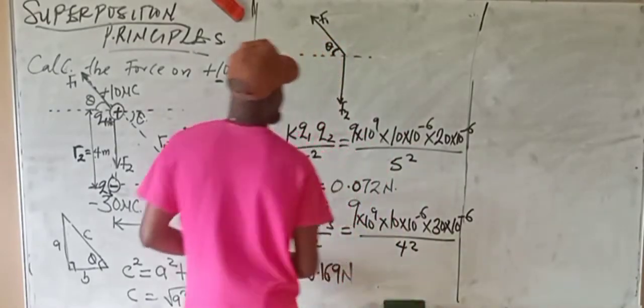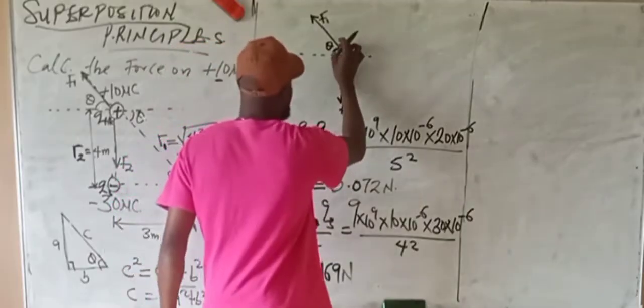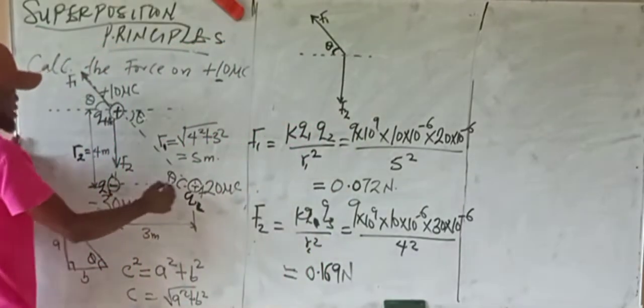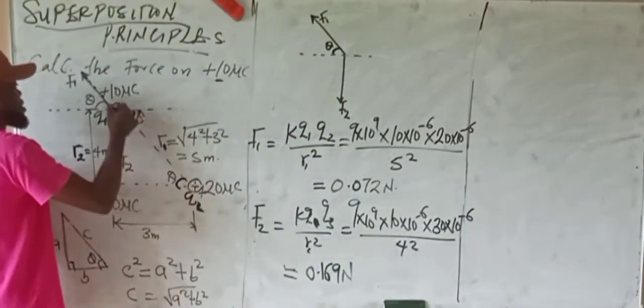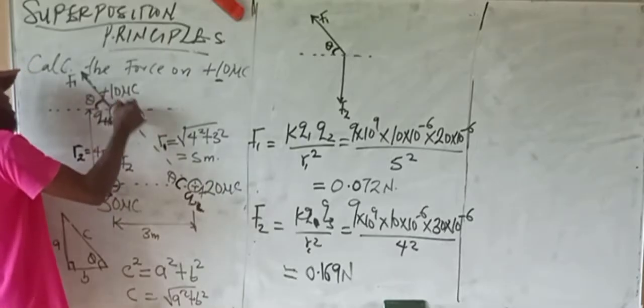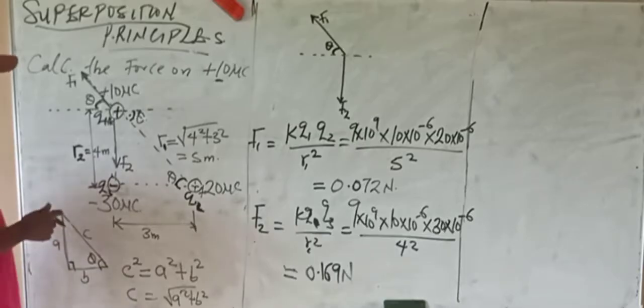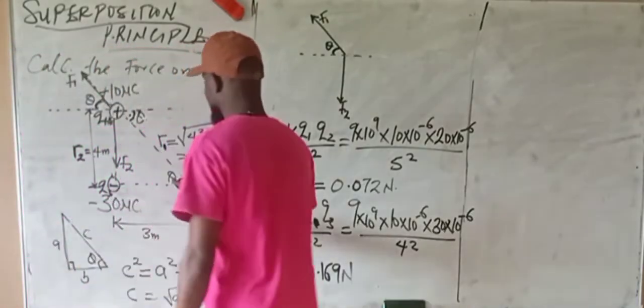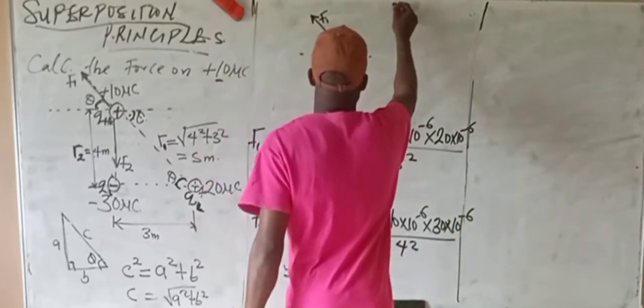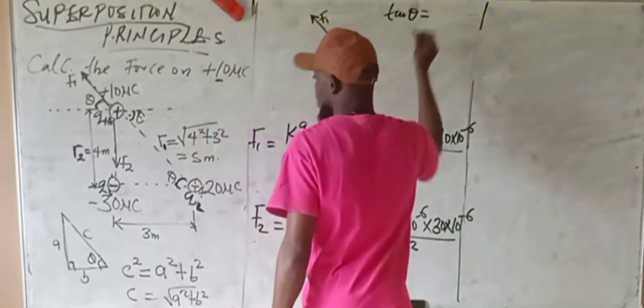So look at it. For resolution of forces, first you will get this angle. Remember I told you that this direction is practically opposite to this, so this and this will be the same thing. The taking of that is very important. To get this angle, tan of that angle will be equal to opposite over adjacent.